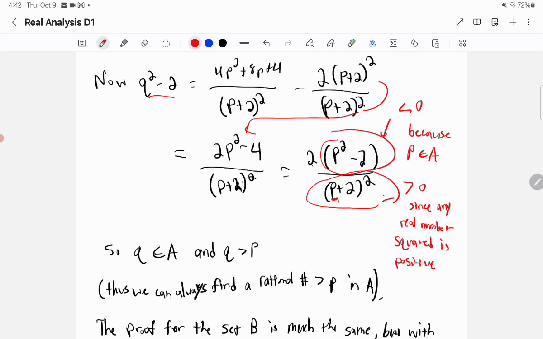So that means that Q squared minus 2 is less than 0. Which implies, we also know that this is in Q, in the rational numbers. So this implies that Q must be in A.